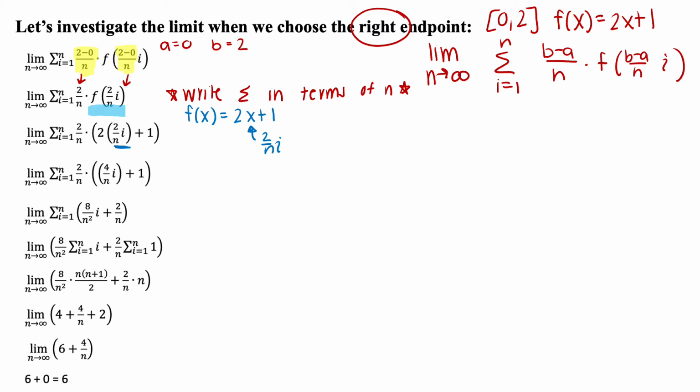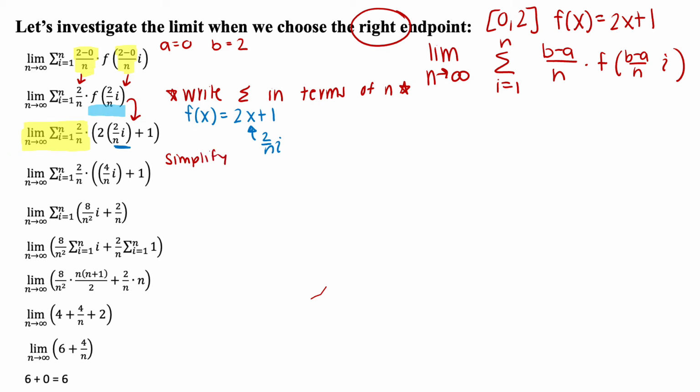We are just plugging that in to our function f. The whole beginning part stays the same: the limit as n goes to infinity, the sum from i equals 1 to n of 2 over n. All we changed in this line is we plugged in to our function. And now we are just going to simplify.